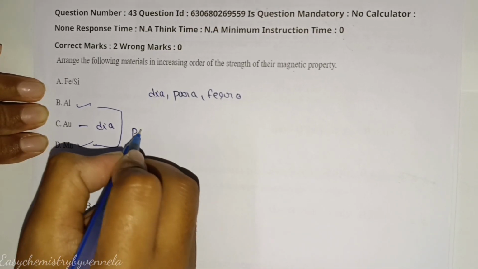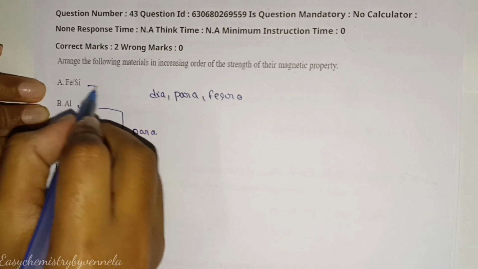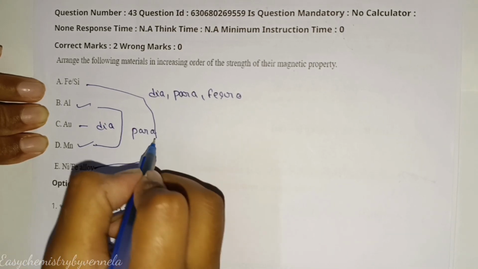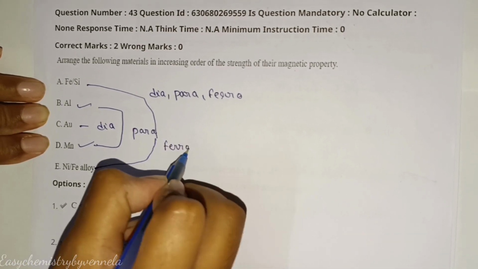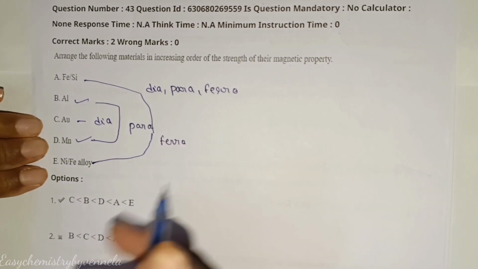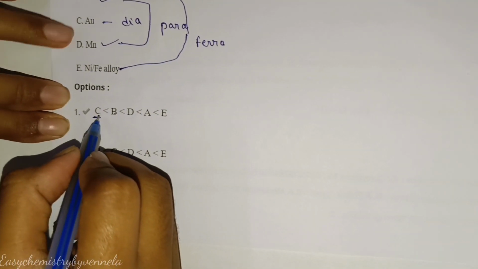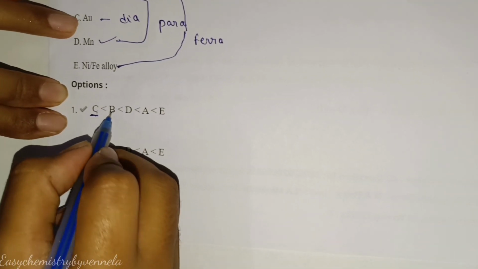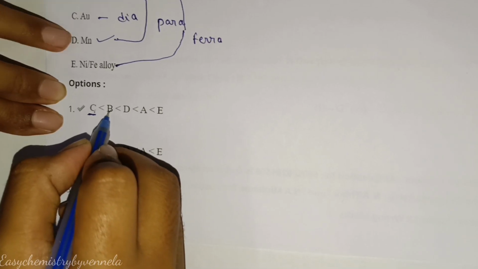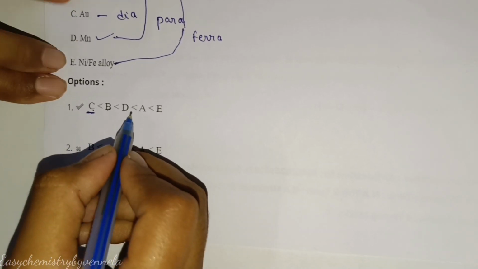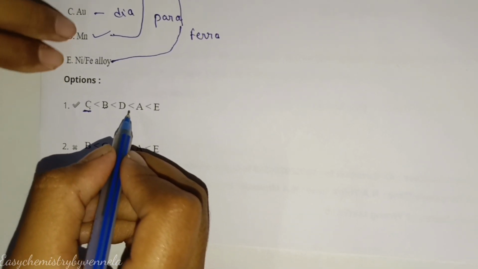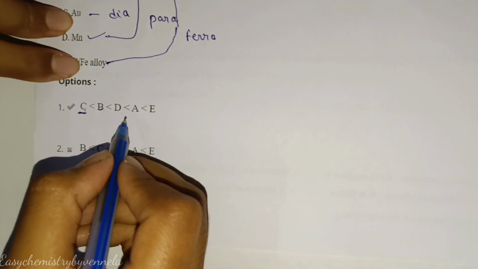These two are para. These are ferro. So what is the correct arrangement? The increasing order is gold is less than aluminum is less than manganese is less than iron or silicon, and finally nickel, iron. So this is the correct answer.